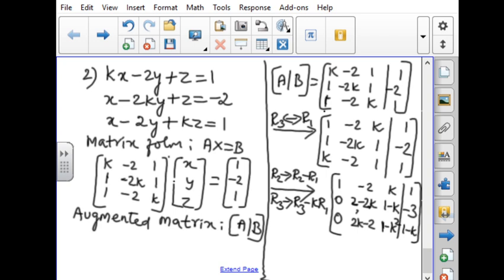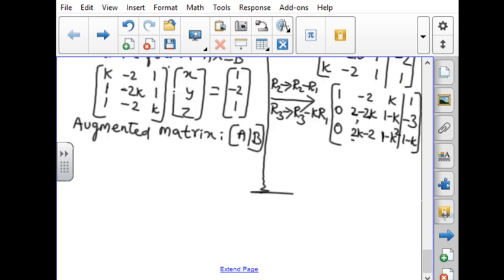Again we have to make this place 0. Simply we can add these two, because minus 2k here and plus 2k here, 2 here and minus 2 here. So when we add row 2 and row 3, we will get this place as 0.